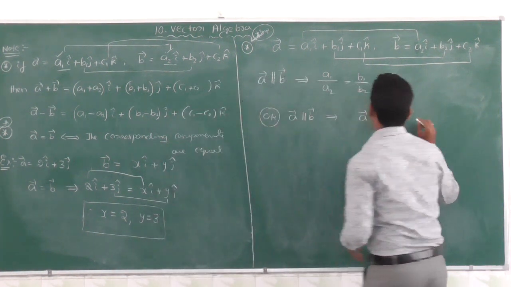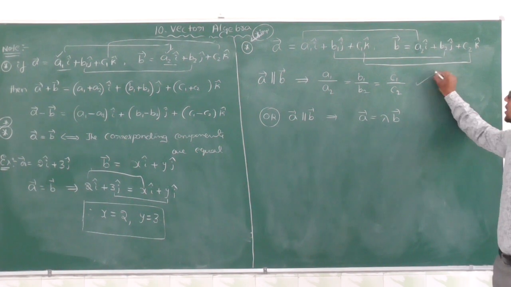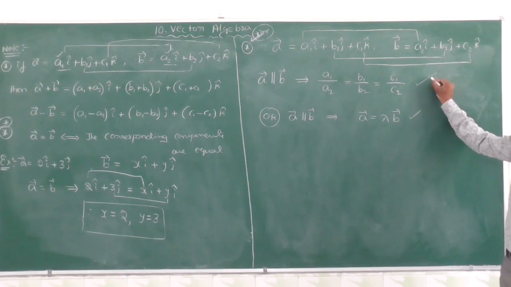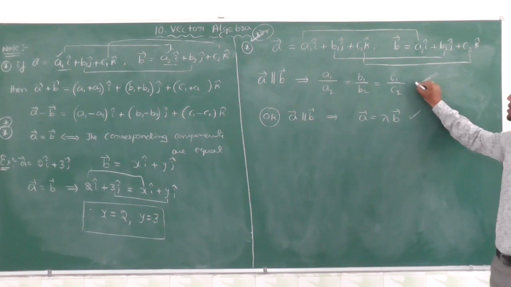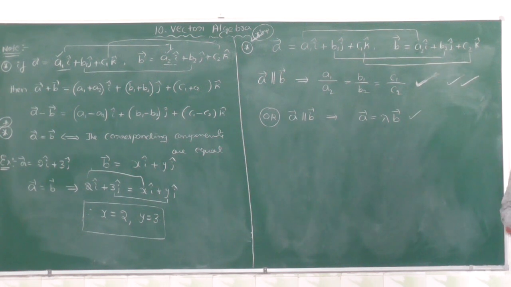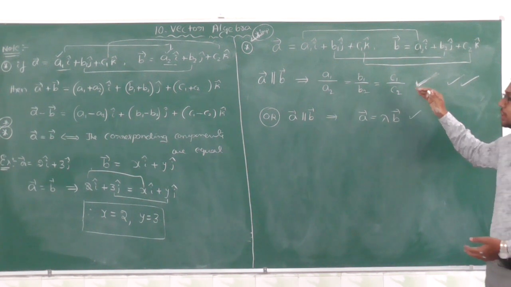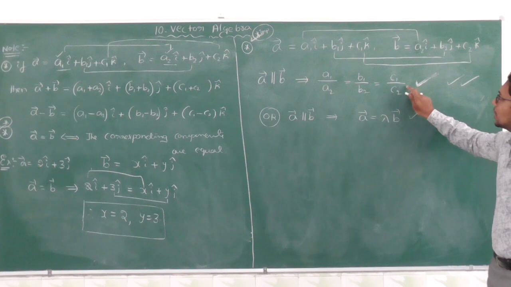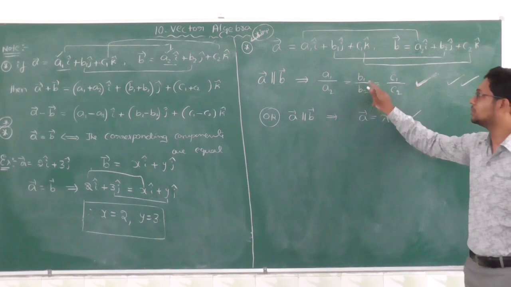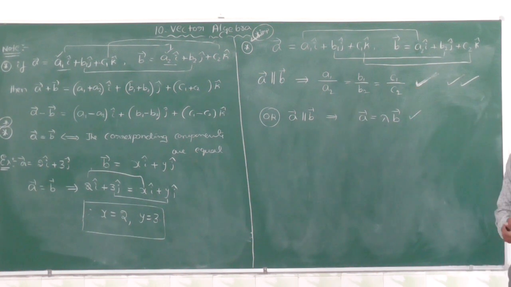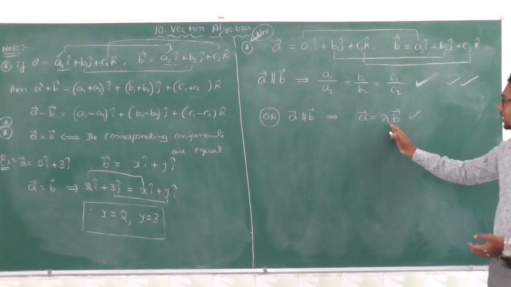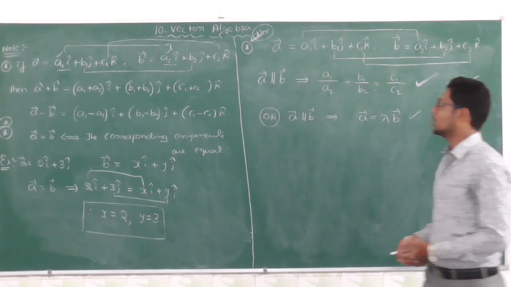You can choose anyone, either this or this, but I am going to choose this one. Problems may also be solved in this condition, A1 by A2, B1 by B2, C1 by C2. This second thing is your wish.